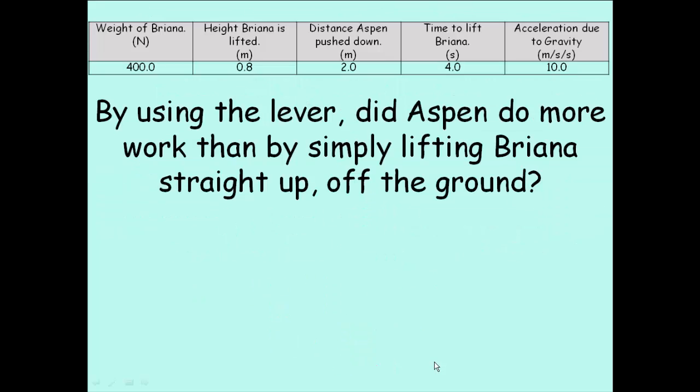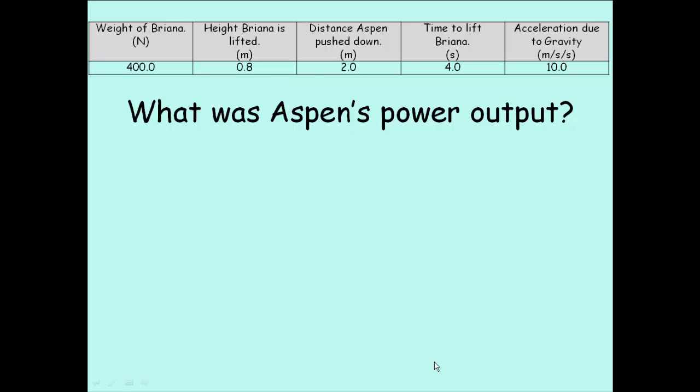So Aspen used this lever. Did he do more work than simply lifting her straight up off the ground instead of using a lever? No, of course not. It does not change the amount of work, just changes the effort or the force applied. So what was his power output? Well, let's see.